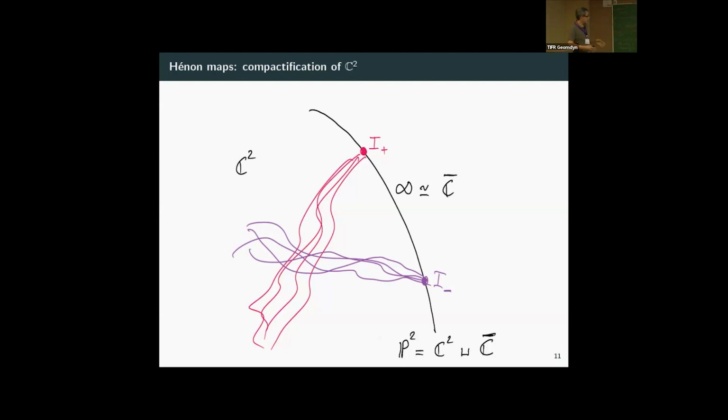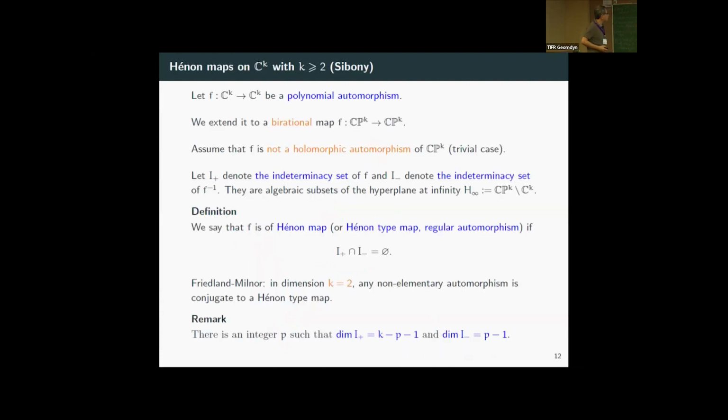The set K plus goes to infinity and touches infinity at exactly 1 point, I plus, and K minus goes to infinity and touches infinity exactly at 1 point. The key point here is that I plus and I minus are disjoint, different, for the Hénon map. This is the point of view of Sibony, and this is the reason that he introduced the Hénon map in higher dimension. The picture will be similar to this one, except that it's in higher dimension.